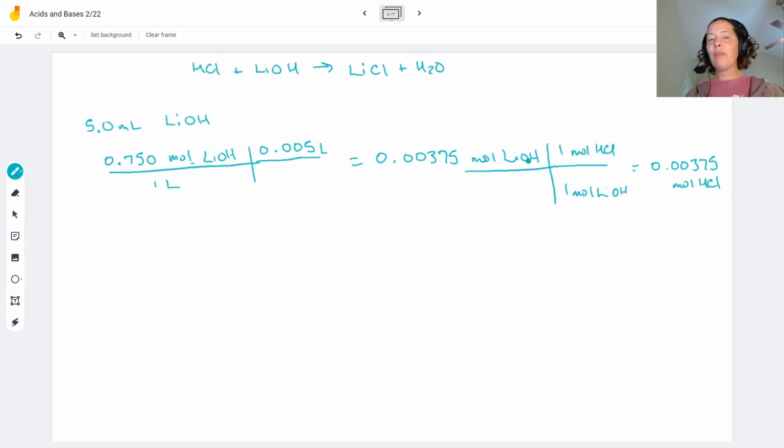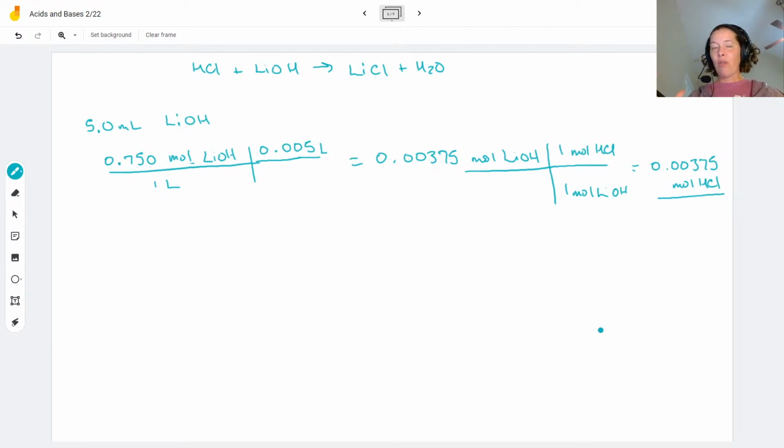Again, this is a 1-to-1 ratio, so this doesn't change my math. When I have added this 0.00375 moles of lithium hydroxide, of course it reacts with the acid instantaneously. If you've done these titrations, you know it reacts right away. So I have now used 0.00375 moles of hydrochloric acid.